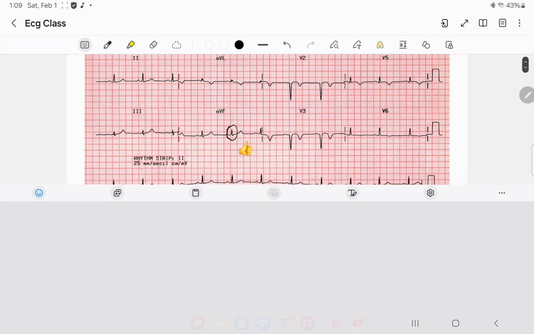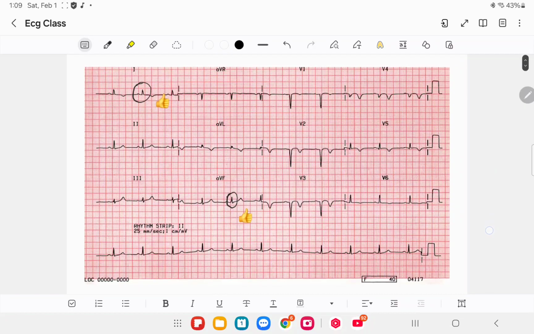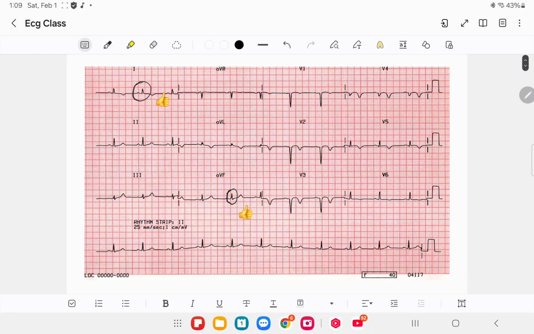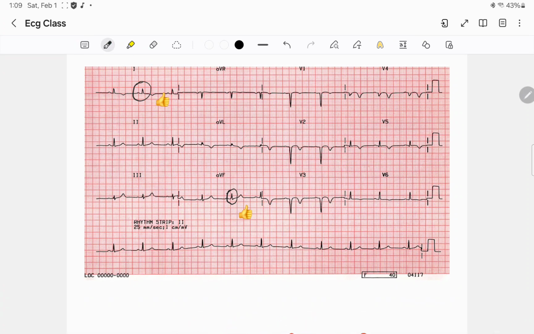All right, so that's 2 thumbs up. So 2 thumbs up, that's got to be normal, right? That makes a whole lot of sense. So we're saying on this diagram, lead 1 is positive, lead AVF is positive, and therefore it's normal.